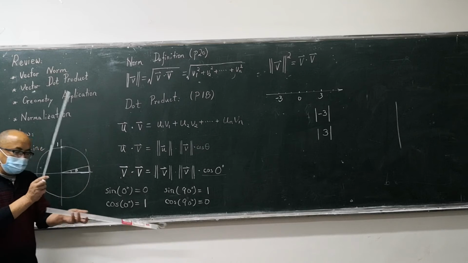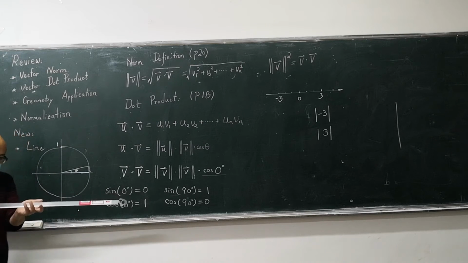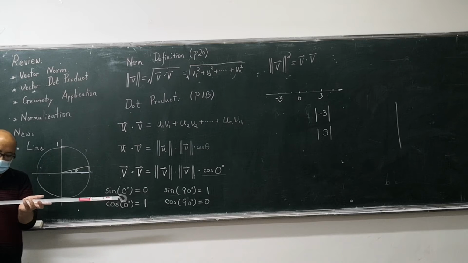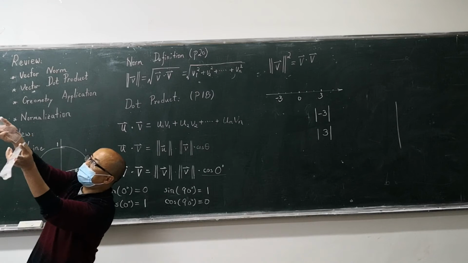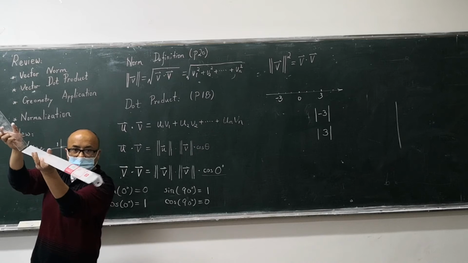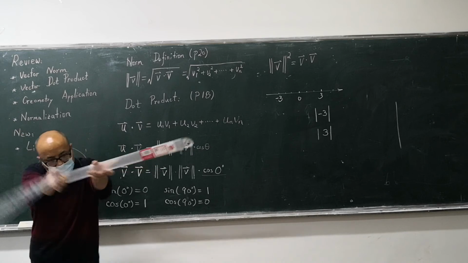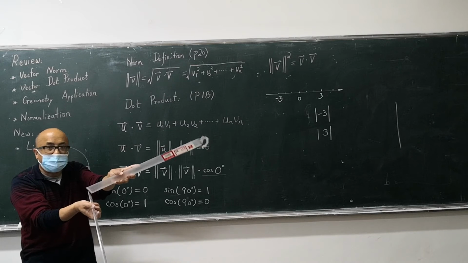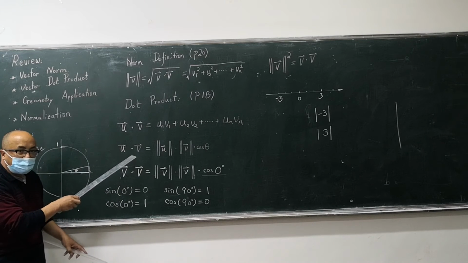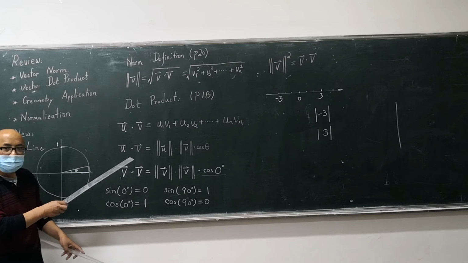So when the two are perpendicular, no matter where, their dot product is 0.